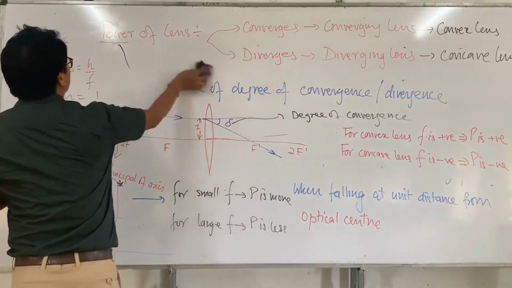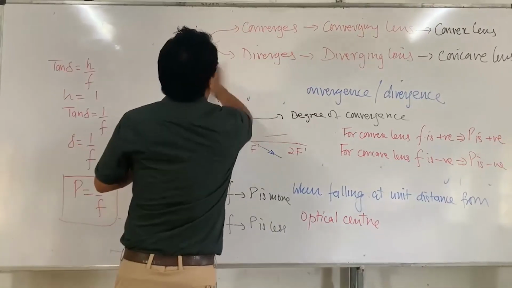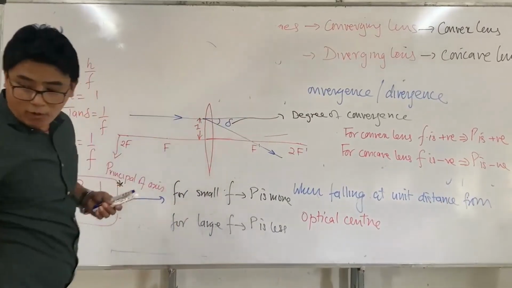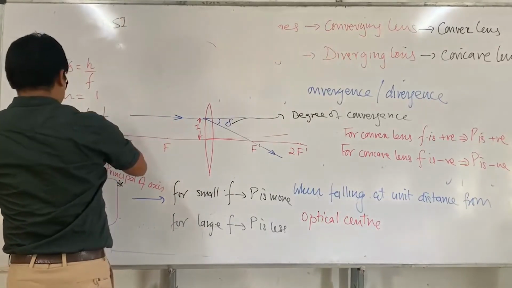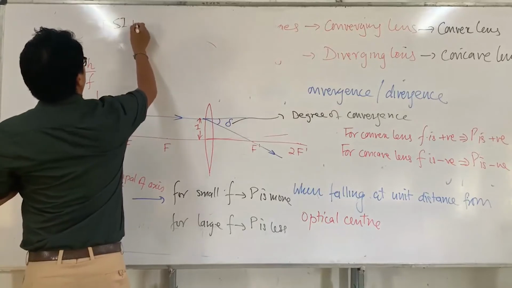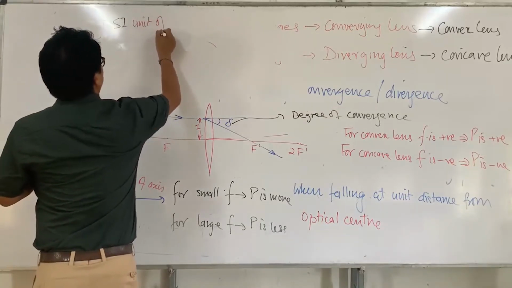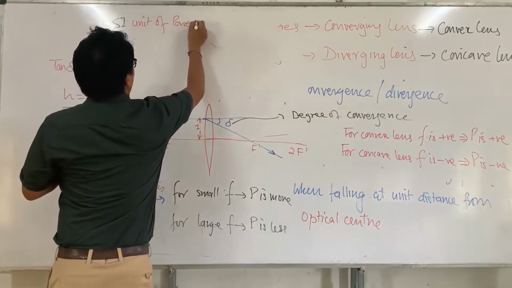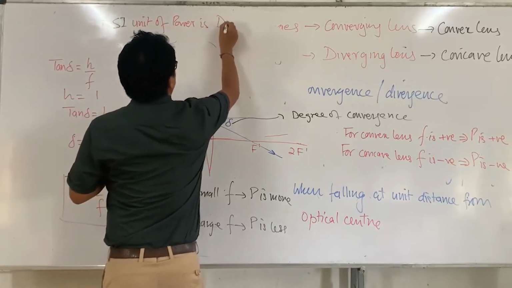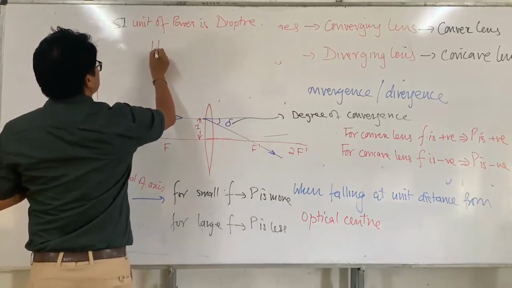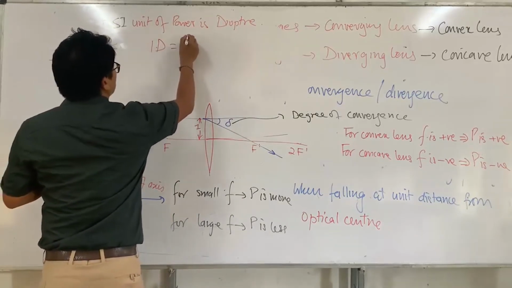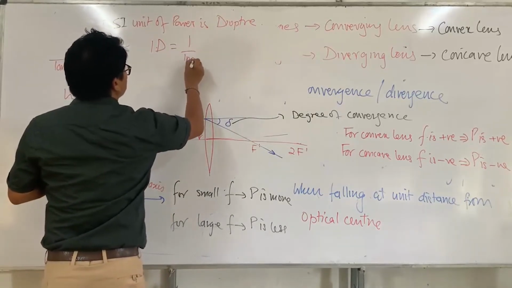And what about the unit of power? The SI unit of power is the diopter. That is, 1 D is equal to 1 by 1 meter.